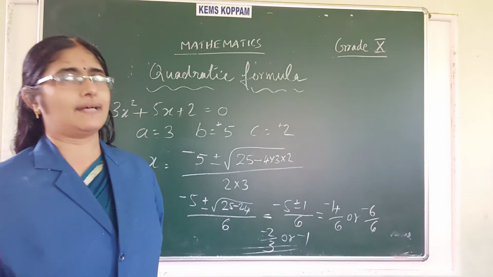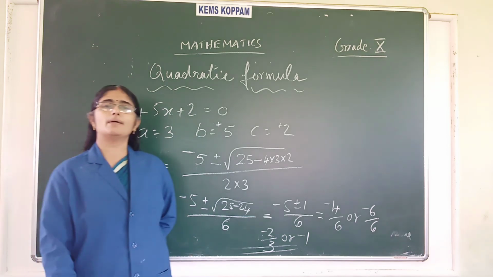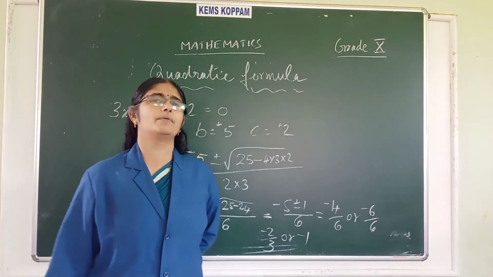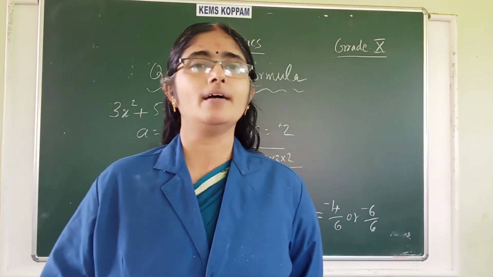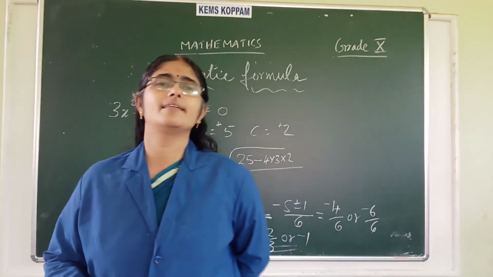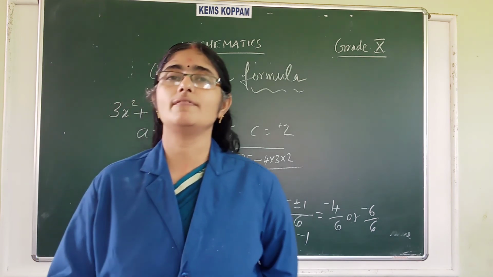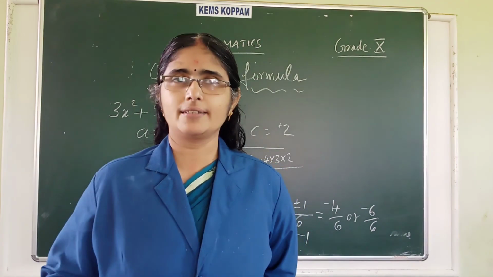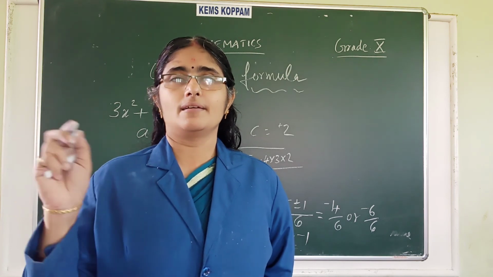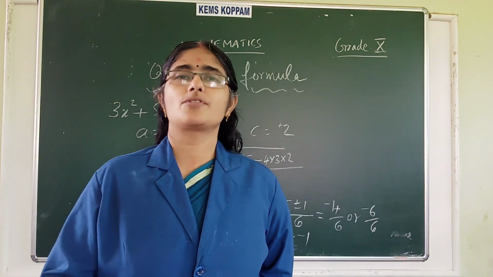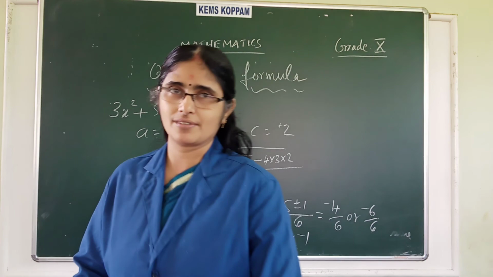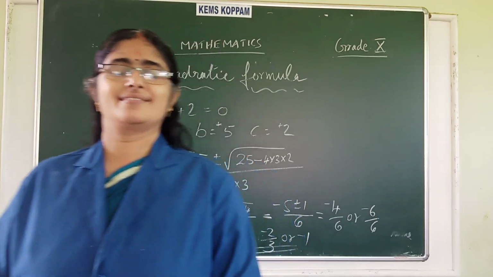The answer is 1 or 2 by 3, very simple. Using the quadratic formula, we can easily solve the quadratic equation. So learn the formula by heart. Thank you all. Have a nice day.